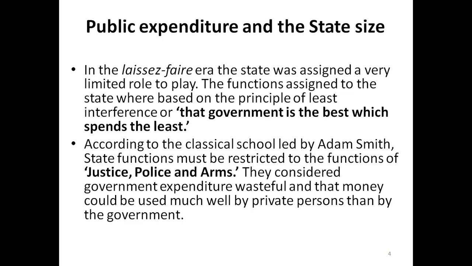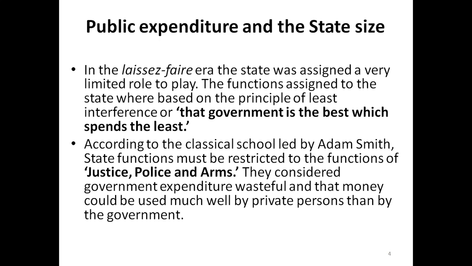So let's go by looking at public expenditure and the size of the state. In the classical era, the state was assigned a very limited role to play. The functions assigned to the state were based on the principle of least interference, or that government is the best which spends the least.